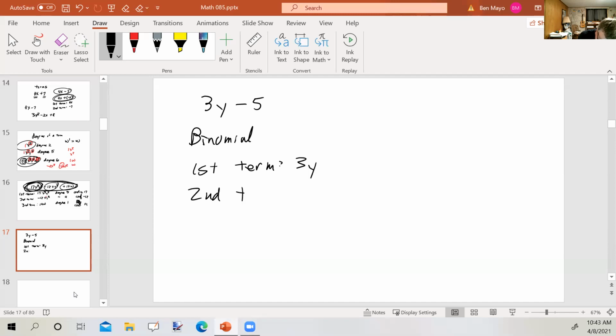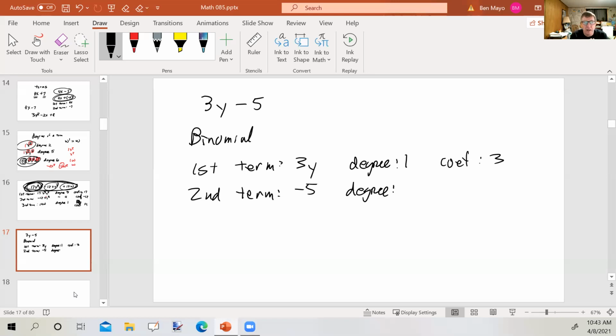The second term is negative 5. Let's see, the degree would be 1, and the coefficient is 3. The second term is negative 5. The degree, now, be careful. This is going to seem a little confusing.